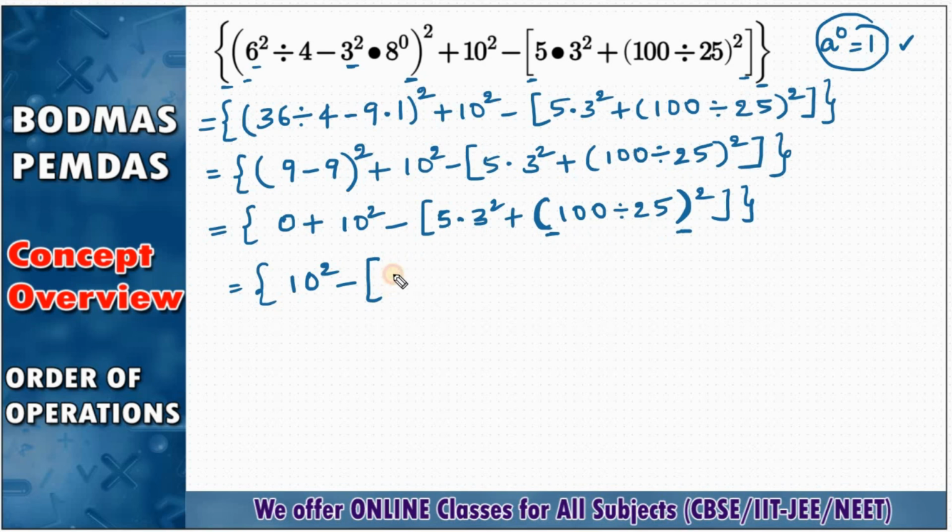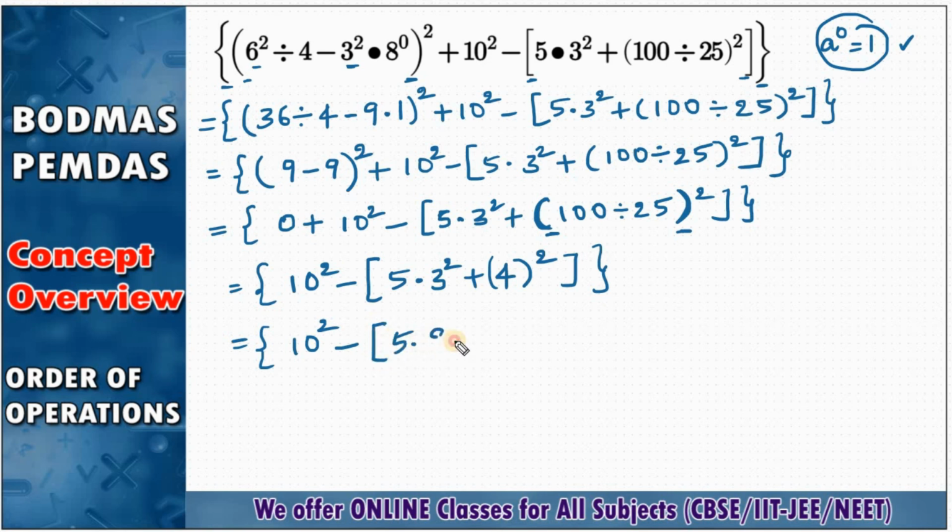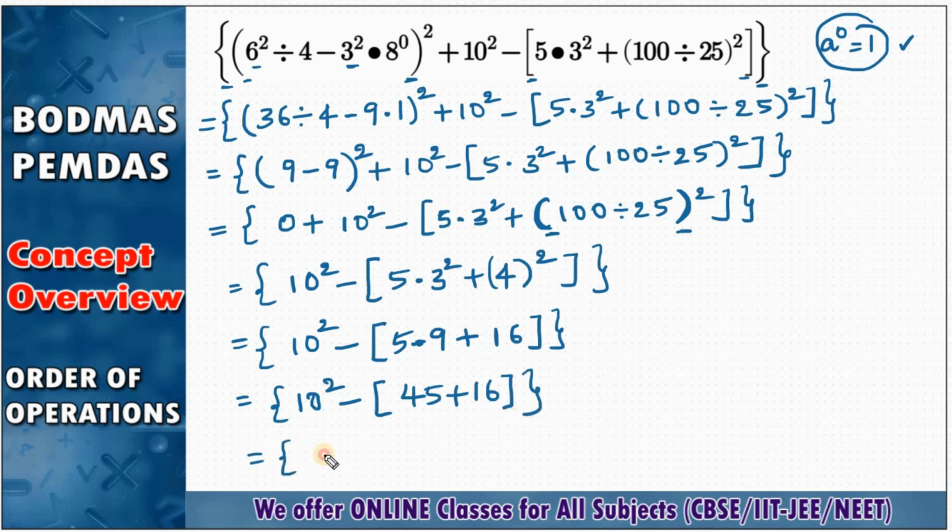So here 5 into 3 square plus 100 divided by 25 is 4, whole raised to the power of 2, close the brackets, open bracket, 10 square minus bracket of 5 into 3 square is 9, 4 square is 16, close the brackets, open bracket again, 10 square minus bracket of, multiply that, this is the multiplication operation, 5 times 9 is 45 plus 16, close the bracket and close the bracket and open bracket, 10 square minus 45 plus 16 is 61, close the bracket.